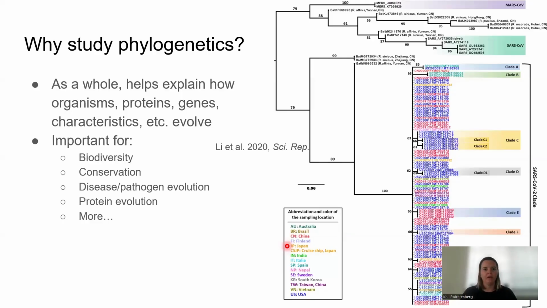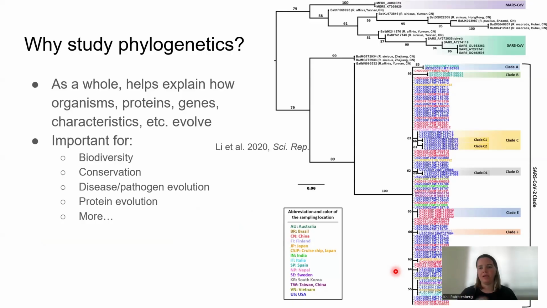Things like that. One that you may have come across in more recent years is actually disease and pathogen evolution. This phylogeny shown here on the right-hand side is a phylogenetic tree of COVID, of the COVID epidemic.